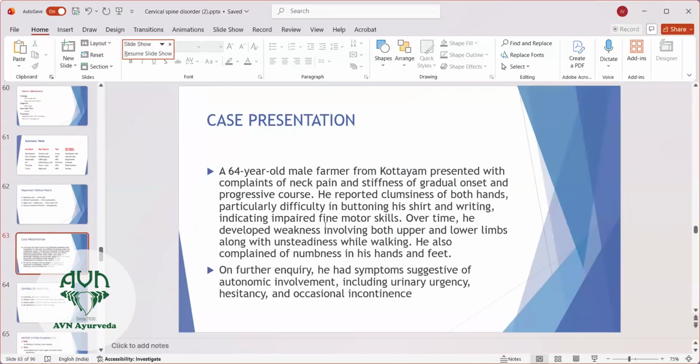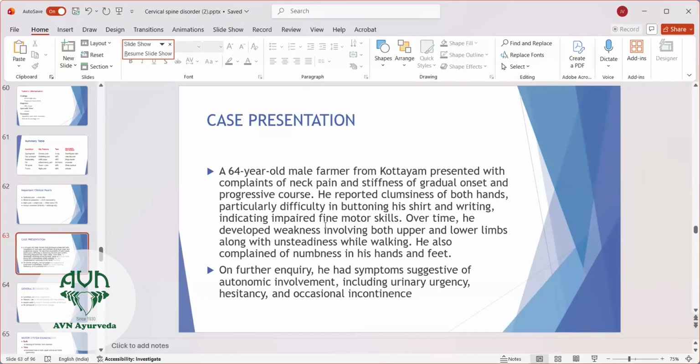Now we come to the clinical case presentation. 3 cases we can discuss. A 64-year-old male farmer from Kottayam presented with complaints of neck pain and stiffness of gradual onset and progressive course. He reported clumsiness of both hands, that means fine movements being affected, particularly difficulty in buttoning his shirt and writing, indicating impaired fine motor skills.